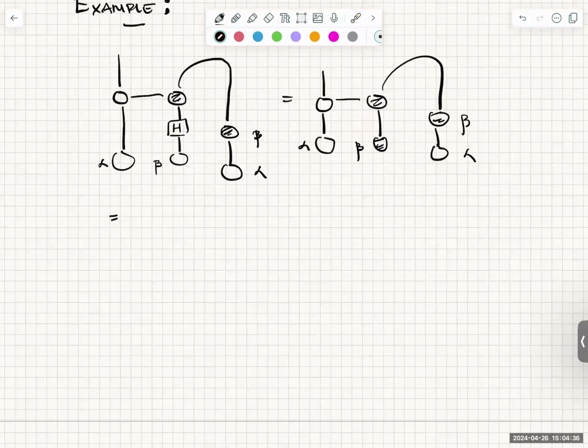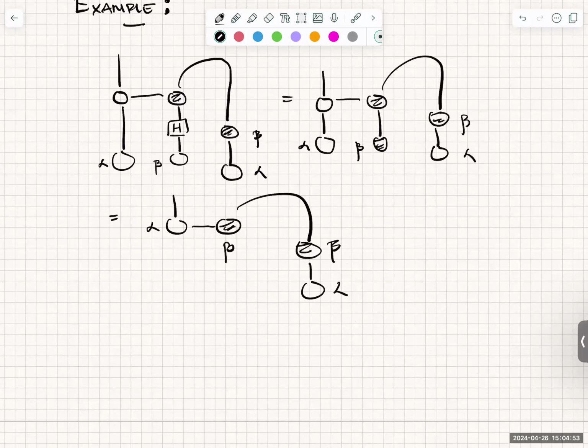So I actually have that this is alpha, beta, beta, alpha. Okay, and what we see now is that, should I have changed the sign on one of them at some point?